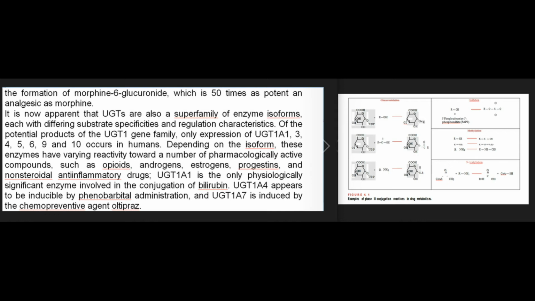Depending on the isoform, these enzymes have varying reactivity toward a number of pharmacologically active compounds, such as opioids, androgens, estrogens, progestins, and nonsteroidal anti-inflammatory drugs. UGT1A1 is the only physiologically significant enzyme involved in the conjugation of bilirubin. UGT1A4 appears to be inducible by phenobarbital administration, and UGT1A7 is induced by the chemopreventive agent oltipraz.